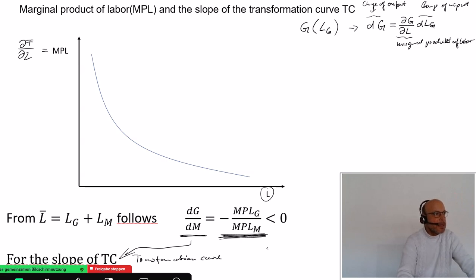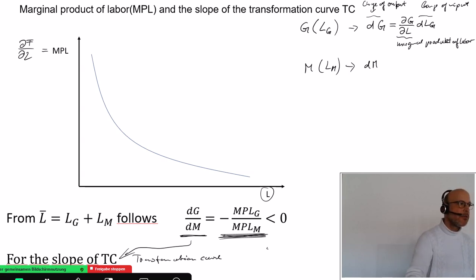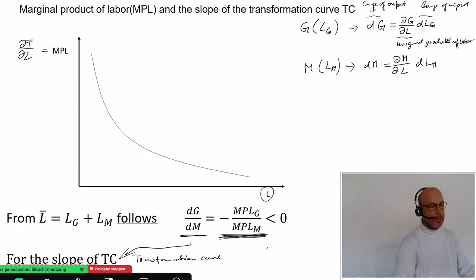Well, this we can do also for the other sector. We have also M depending on the flexible production factor, LM. Then we have the change of output is the marginal product of labor in this sector now times the change of labor input in this sector.